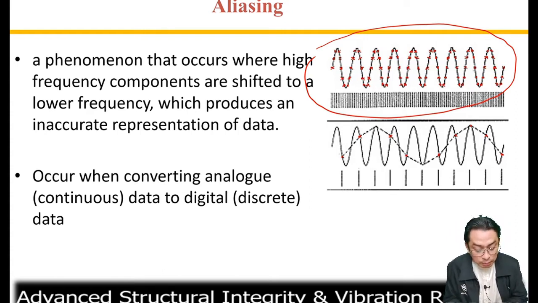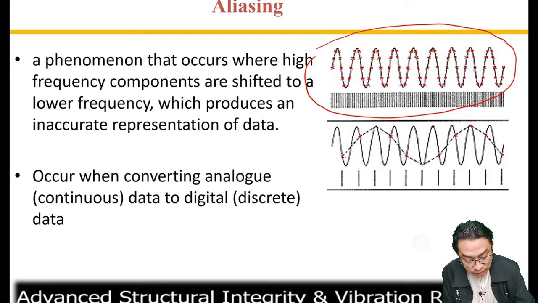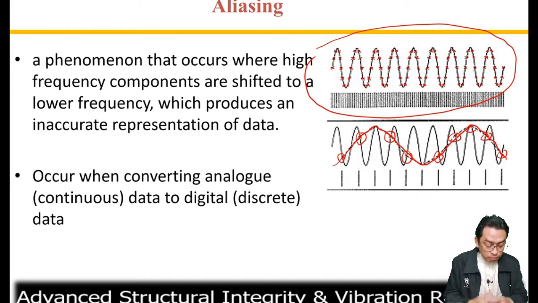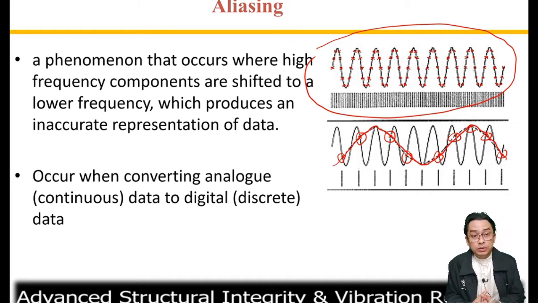For the same signal, if we give just a low sampling frequency and plot it again, it will give a lower frequency compared to the original frequency. So this is a false representation of the frequency, and we need to avoid this.